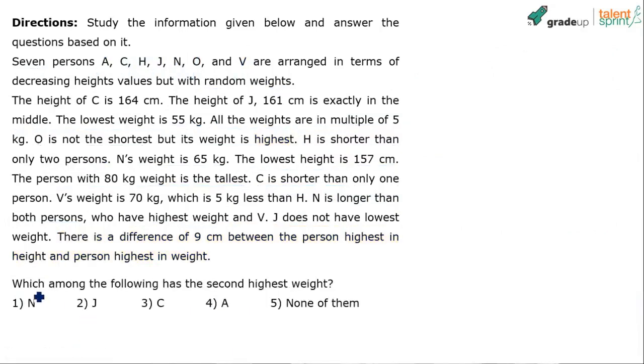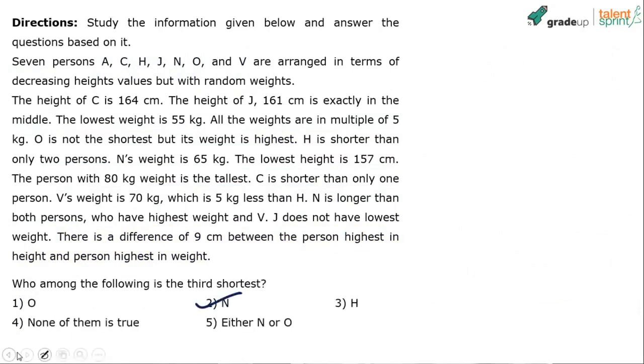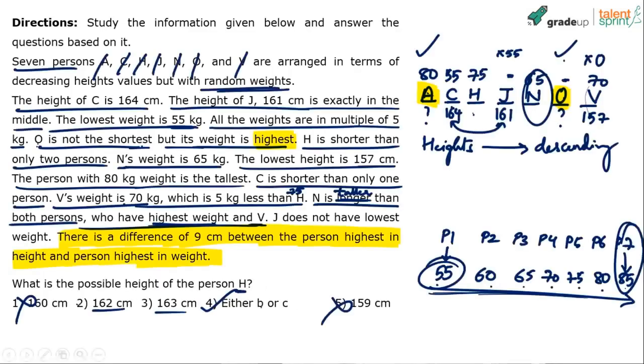What's the last question? Which among the following has the second highest weight? Do we know who has the second highest weight? Is any information given about the second highest? How do we decide the second highest?